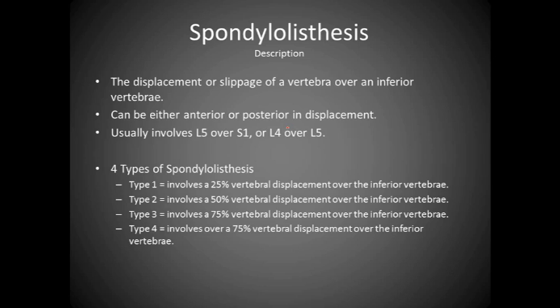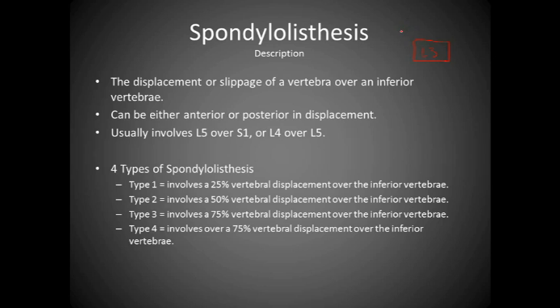spondylolisthesis. And basically what this is, is the displacement or slippage of a vertebra over an inferior vertebra. So basically, to simplify this, we're going to say that this is a vertebral body here. We'll say that this is L3.